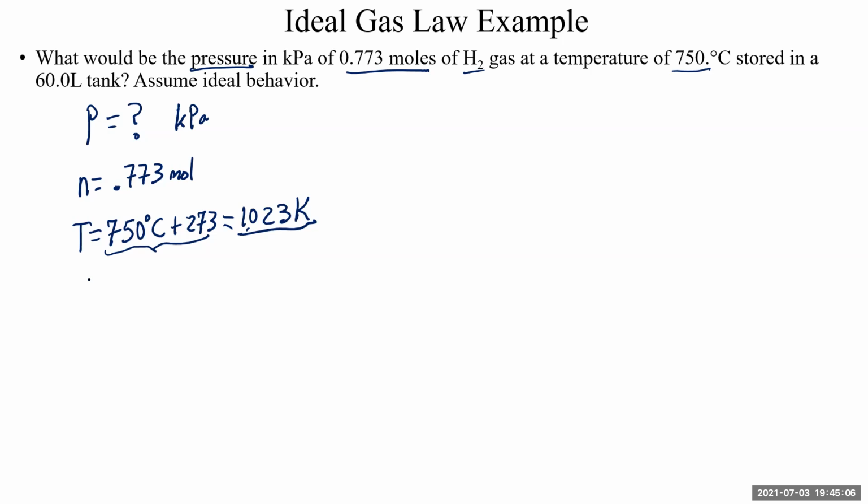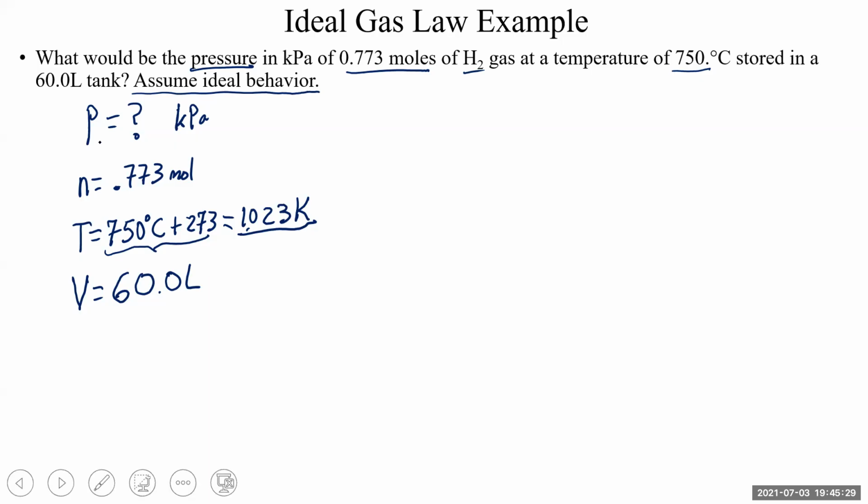Stored in a 60-liter tank, that's our volume. Liters, remember, our unit of volume, 60 liters. Nothing wrong with liters. We use liters in the ideal gas constant. Assume ideal behavior. This time I explicitly said that you can go ahead and do that, but you can always do that because we're never going to deal with non-ideal behavior in this class.